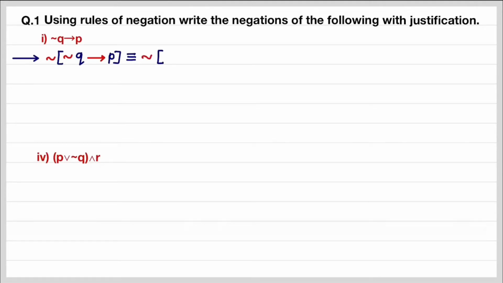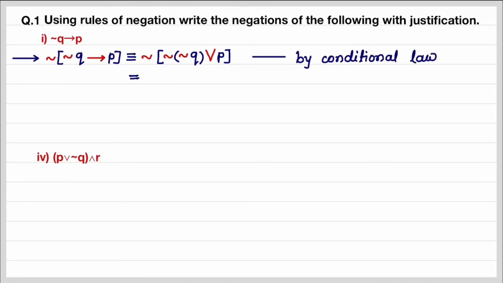By conditional law, implication is equivalent to negation of first statement or second statement. So this term is equivalent to negation of, in bracket, negation of Q or P. Negation of first statement or second statement. Here reason is conditional law.